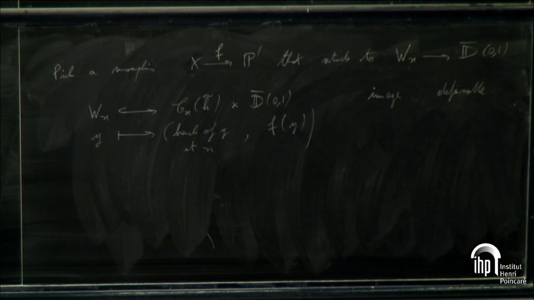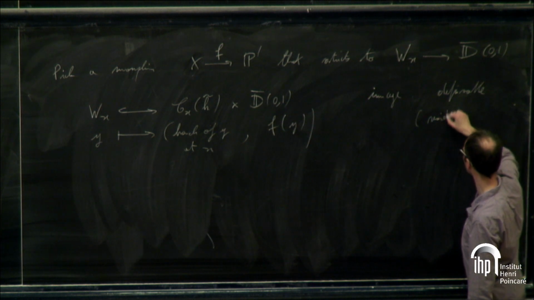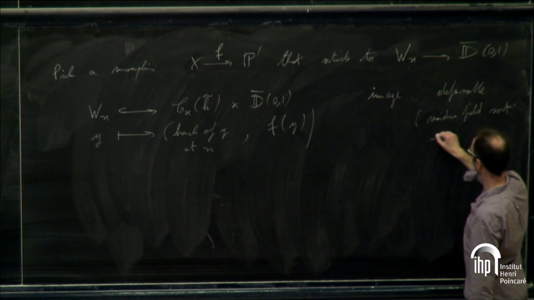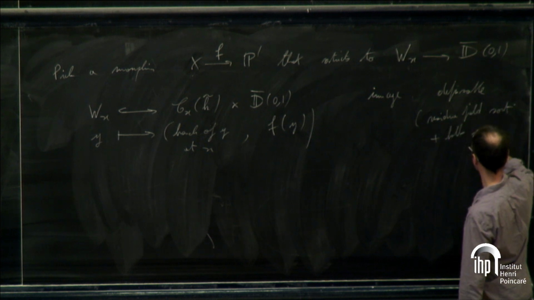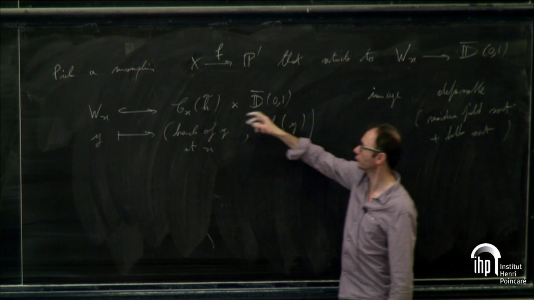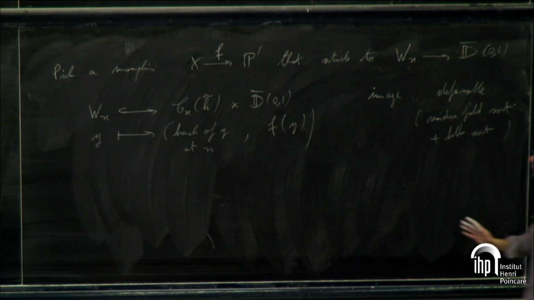Okay. And so definable with, you need the residue field sort, and so to speak, the balls sort to take care of the disk here. And here you want the residue field. This is just an algebraic curve over the residue field, so you're safe. This is definable.